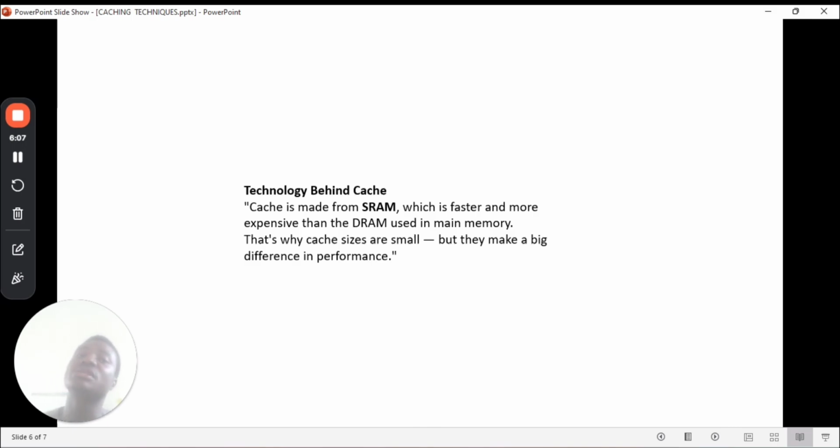SRAM is very fast, but expensive. That's why cache sizes are small, but they make a big difference in performance. The performance is very high, but the size of the cache is very small.